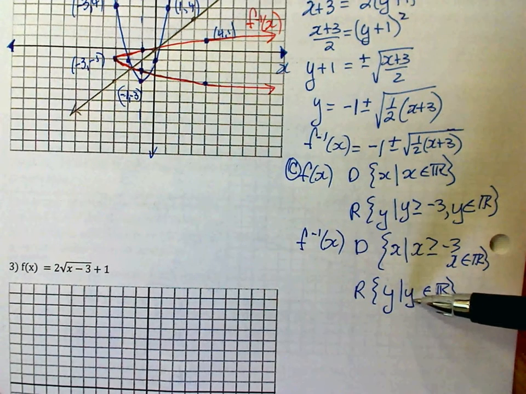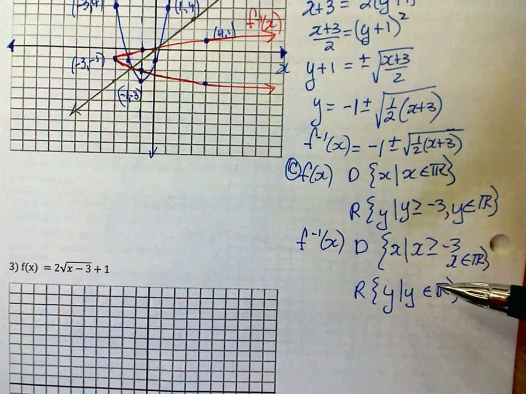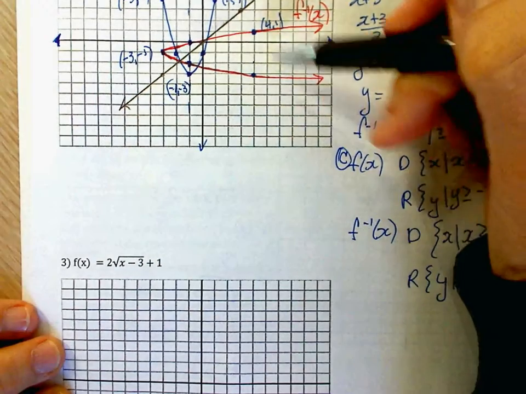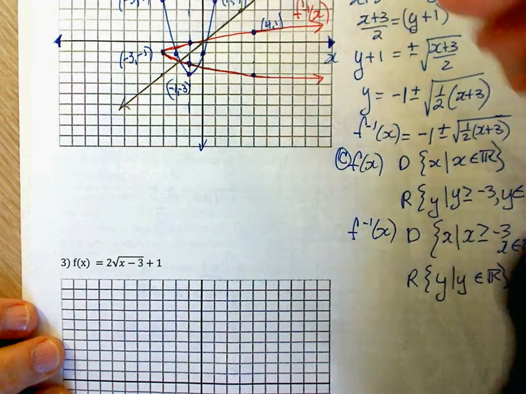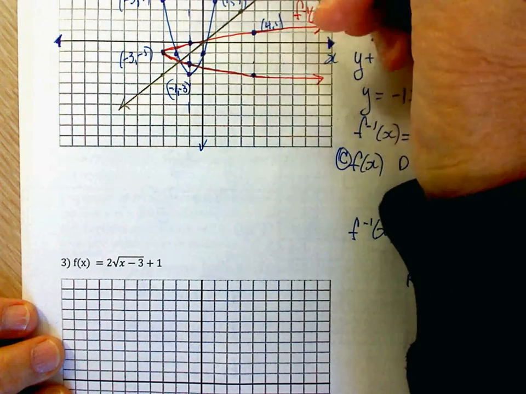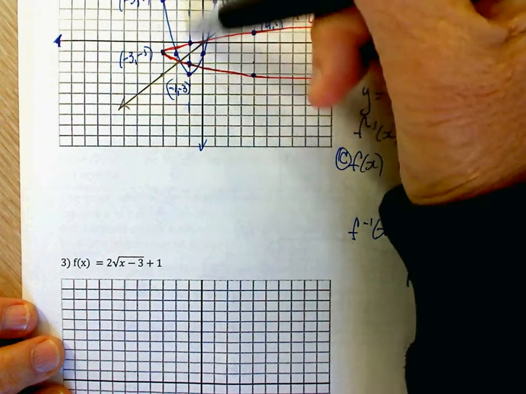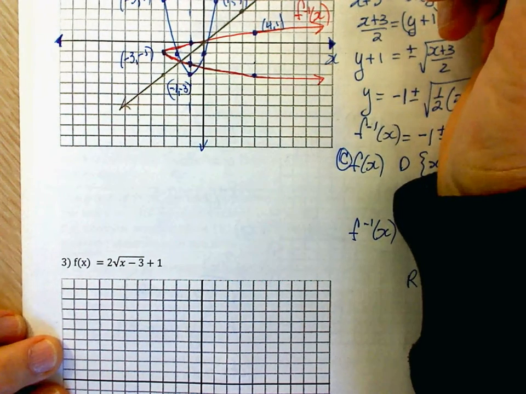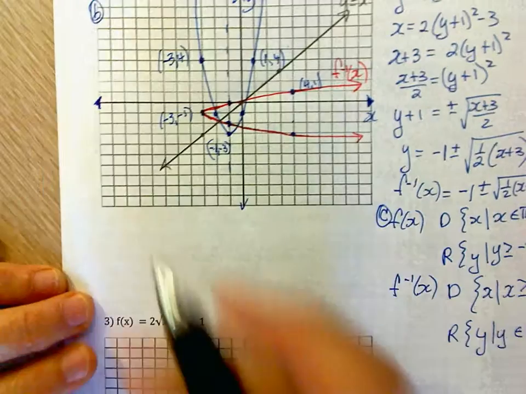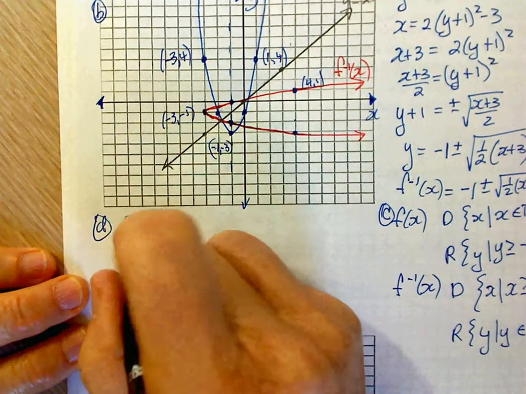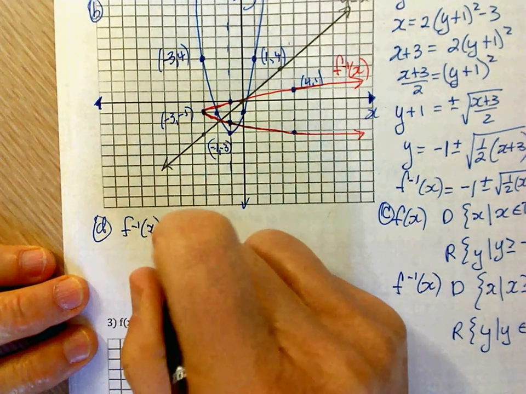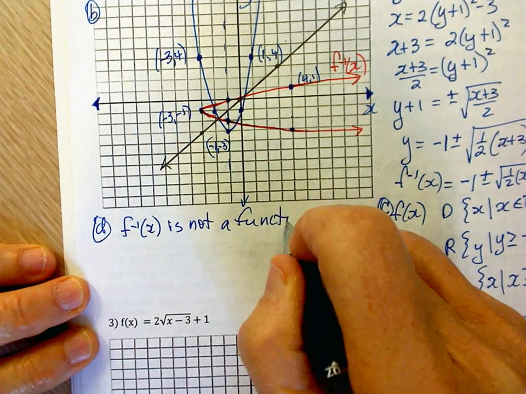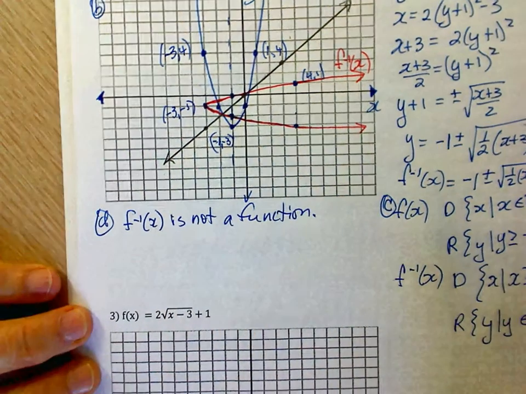The only thing we want to do now is, we know this is not a function, so let's restrict the domain of f of x. We're going to chop this right in half along the axis of symmetry, so its inverse is a function. So in part D, the inverse is not a function. In order to make it a function, we restrict the domain of f of x.